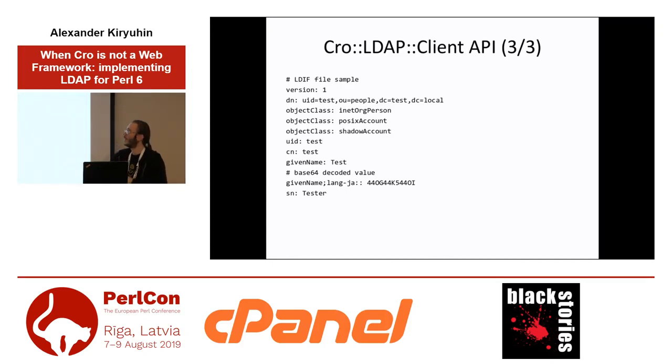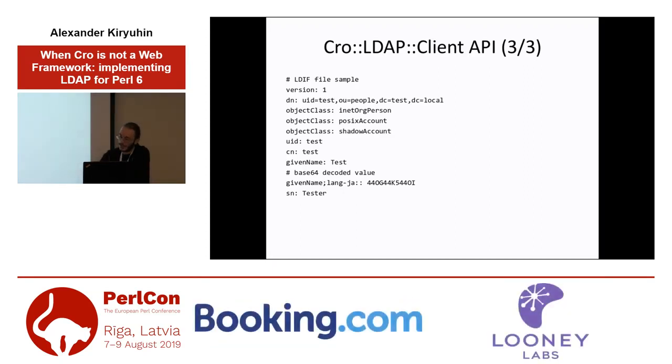It can represent two kinds of things. The first kind, you already see it, it just represents some entry. DN is specified and then its attributes. A single LDIF file can contain many entries described.